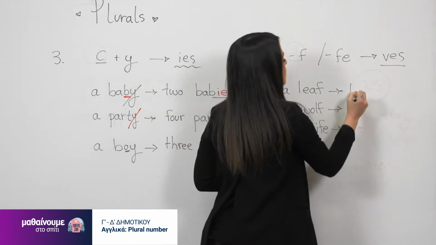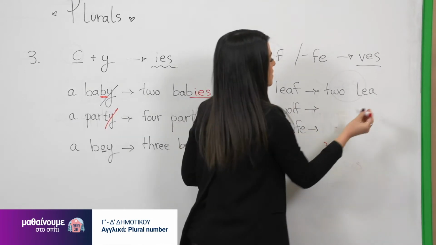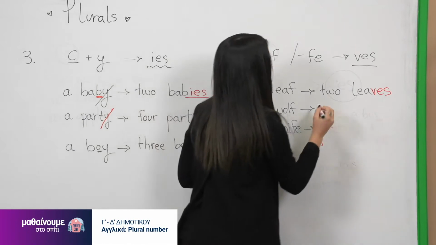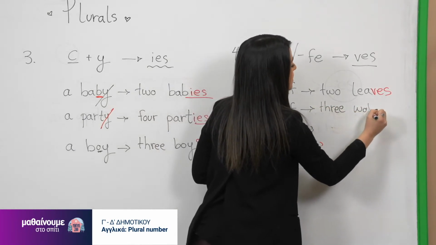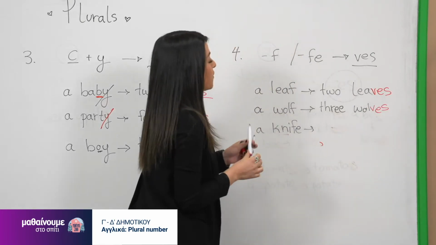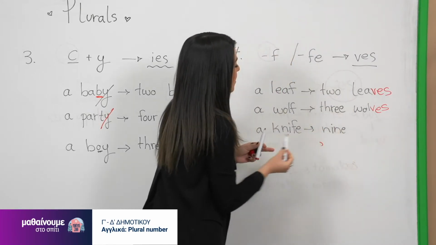A leaf, 2 leaves, VES, okay? A wolf, 3 wolves, VES. And a knife, 9 knives. I'm just writing any number, it doesn't matter.